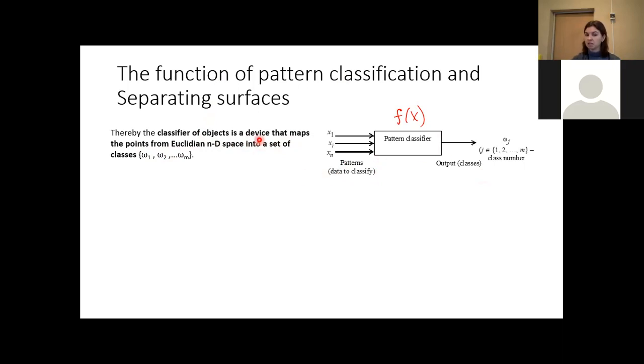It's a device, or operation, or function. Device in general, because you may also do it as hardware. So the classifier maps the points into a set of classes.